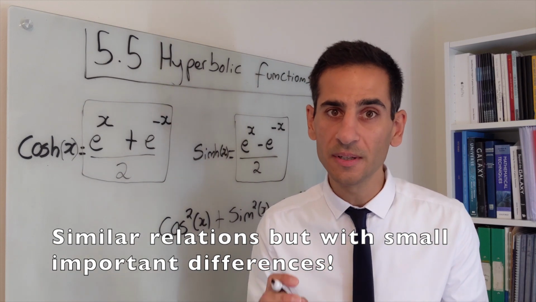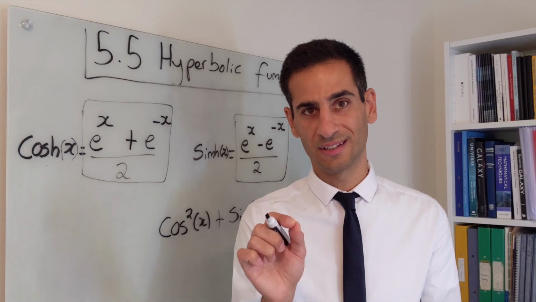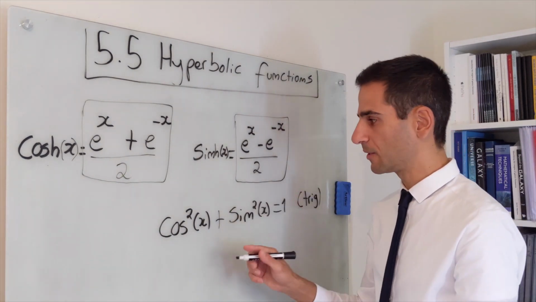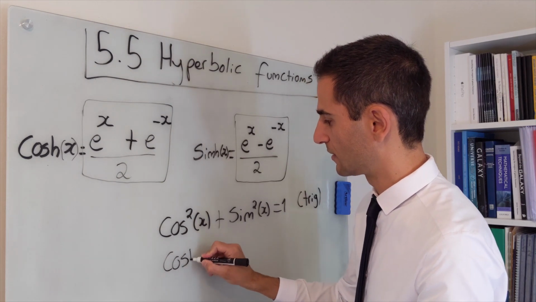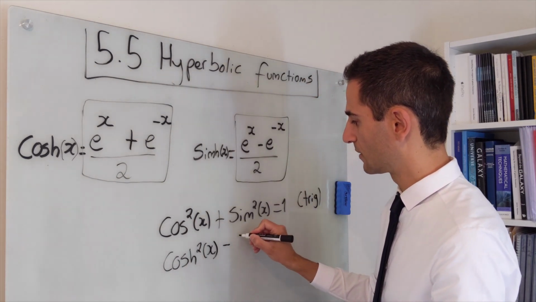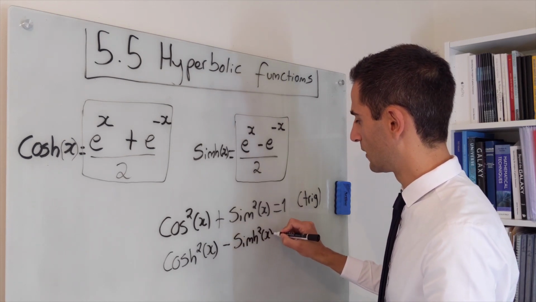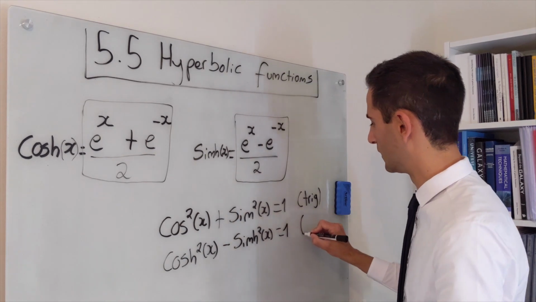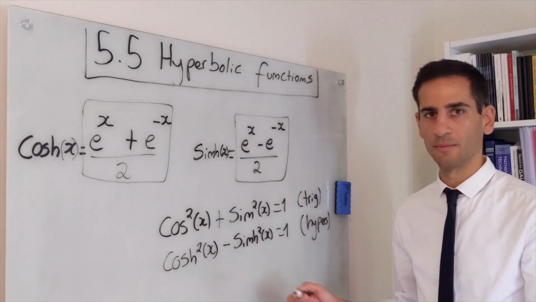Relations are very similar, but sometimes they come with a difference in the sign. In this case, for hyperbolic functions, the identity is cosh squared minus sinh squared is equal to 1. These are for hypers, just to make it sound cool.